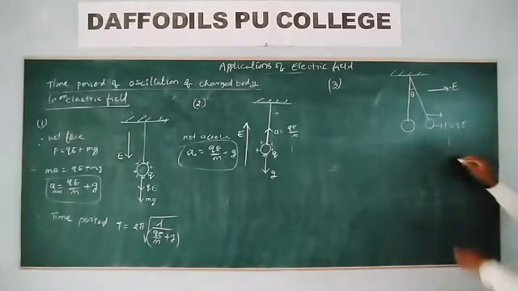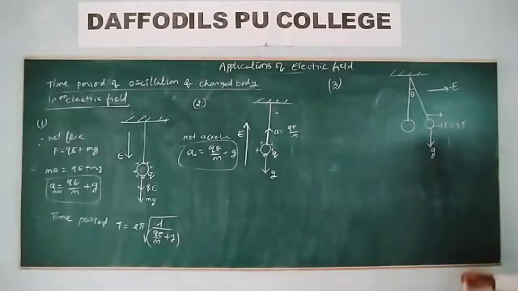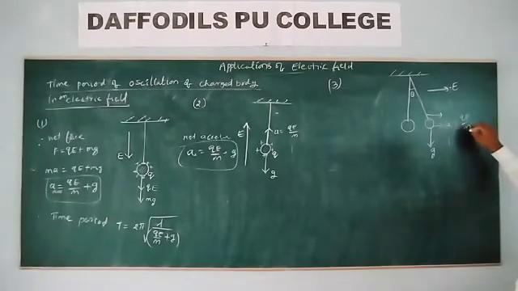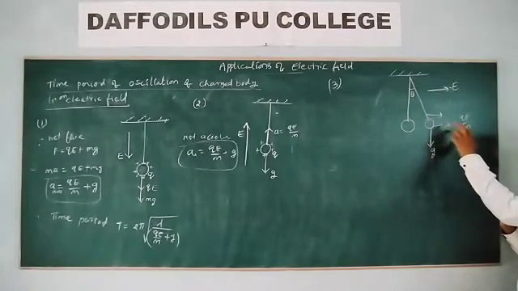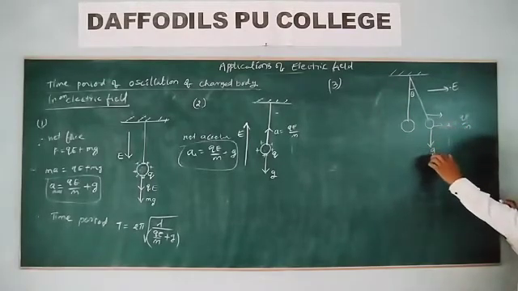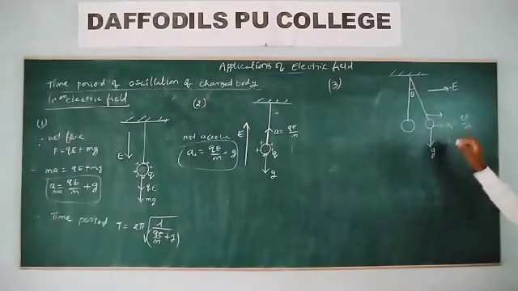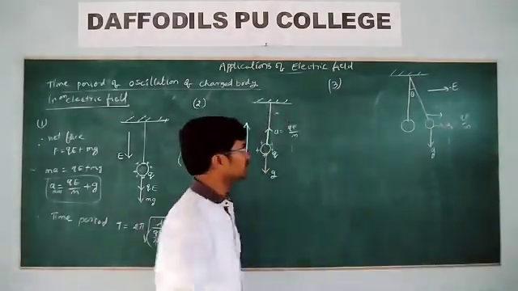And the acceleration due to gravity is g, in the downward direction. Then the acceleration due to the electric field is QE by m. What will be the resultant acceleration? You can observe that the acceleration due to the electric field and the acceleration due to gravity are perpendicular to each other.